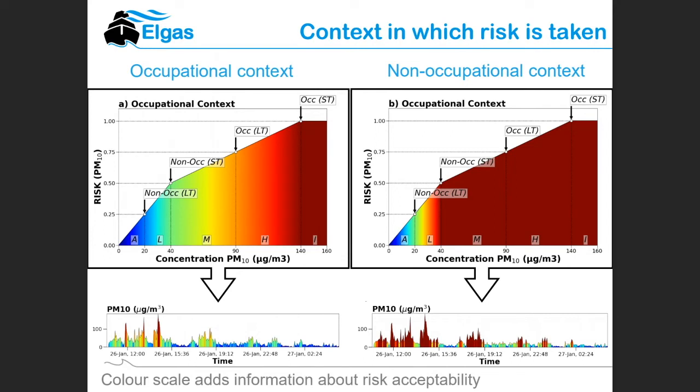In the case of the non-occupational, you use the same function, but we change the interpretation by changing the color scale. So you will get an earlier red color for lower concentrations. And below we see the actual concentration for both cases of PM10, and how for the same environment you get more blue for the occupational than for the non-occupational, which gets more red in the peaks.